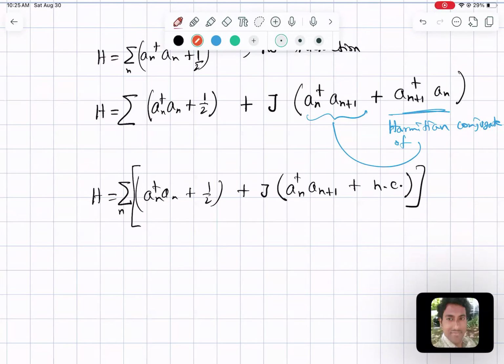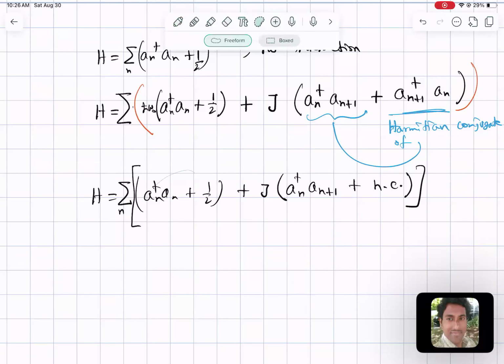And if we want to include the energy, you can write h bar omega naught, for example, with the first term, or we can skip it.